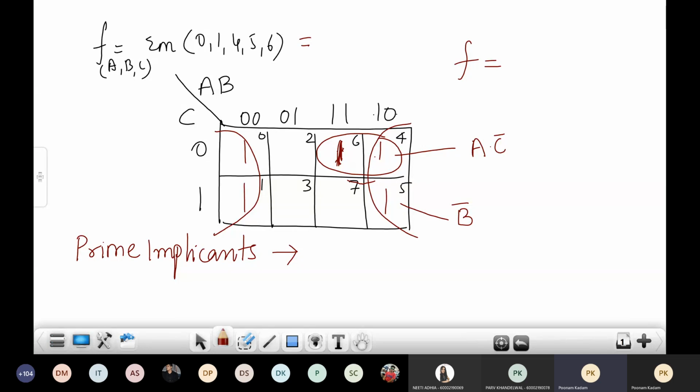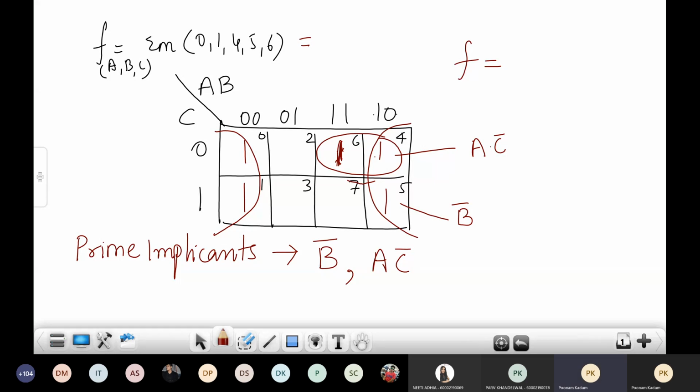You cannot have a group bigger than this which will include this one, right? So there are two groups which we have identified in this K map, and these are called prime implicants. All the larger groups of 1 cells in the K map are called prime implicants of that function. Okay. So there are 2 prime implicants. Let me name them: B bar, and second is AC bar.